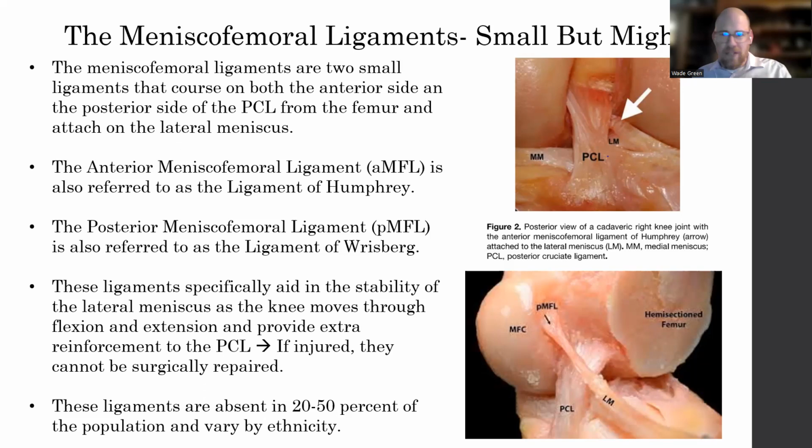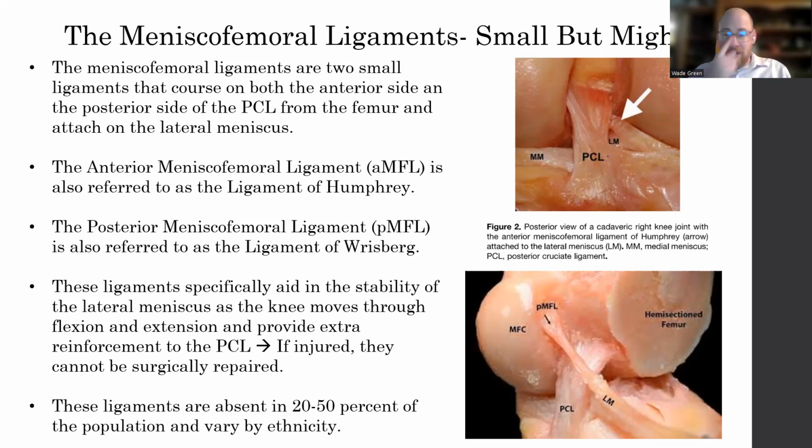If these ligaments are disrupted, the meniscus can slide out of the joint space. We're going to learn about another pathology soon called meniscal root tears, where the attachment of the meniscus to the tibia has come loose, and the meniscus starts to slide out of the joint space, or extrude. We'll talk more about that.